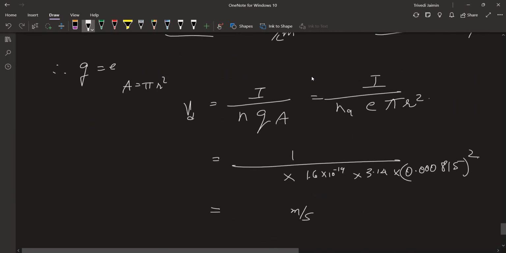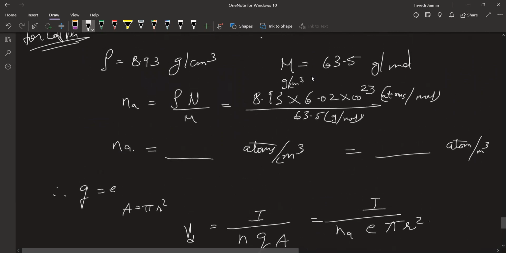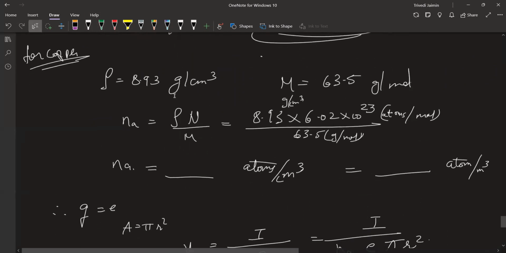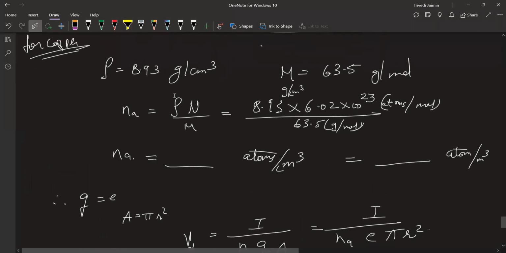VD will be in meter per second. Yes, everyone.